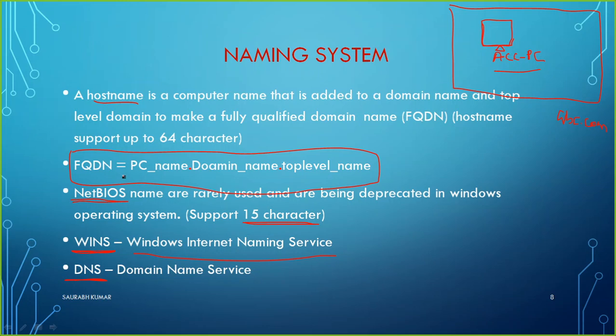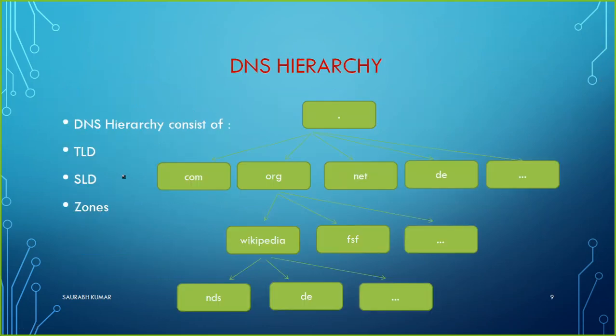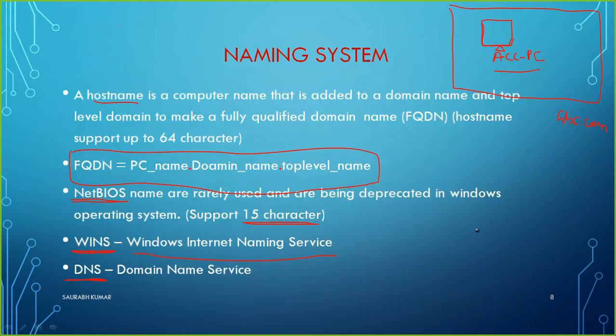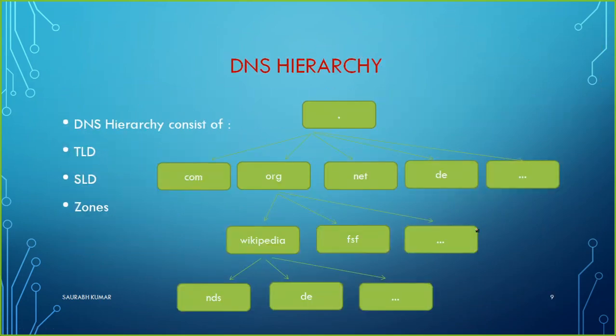Let's have a closer look at it. DNS hierarchy. Whether you are using DNS services from Windows or AWS or anywhere, this hierarchy will be followed everywhere. So here we have the top level domain, TLD, that is nothing else, it is a dot. Let's take an example: wikipedia.com.